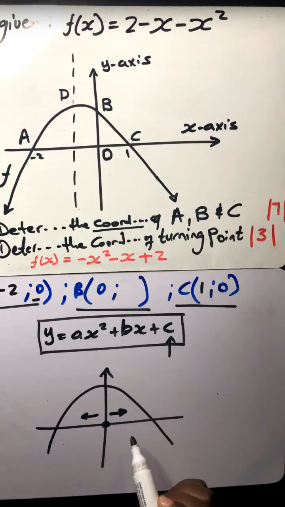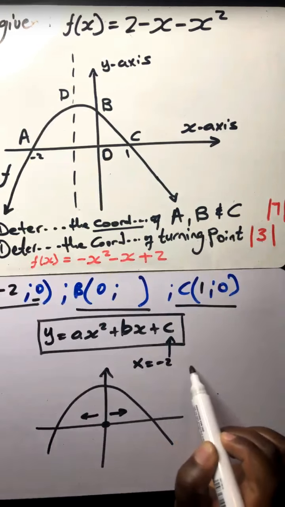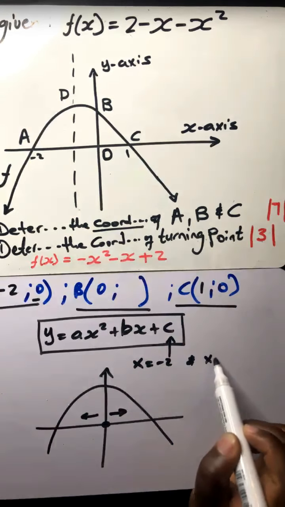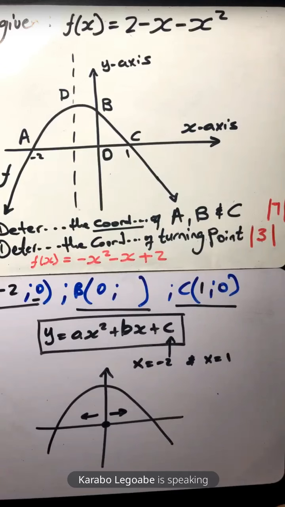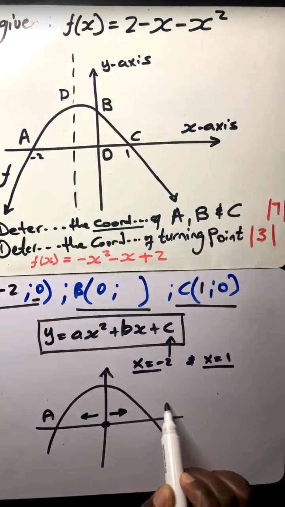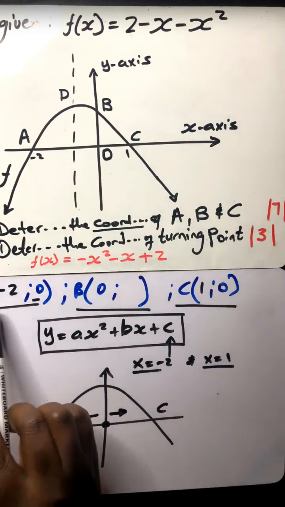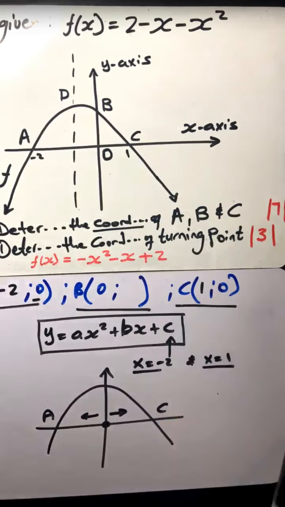When we calculated for the x values, we got two values of x. The one was -2, and the other one was +1. So between these two values, Shreyas, which one is going to be on this side and which one on this side? Sir, -2 on A, and +1 on C. 100%. So that's how we assigned A to be -2, C to be +1.